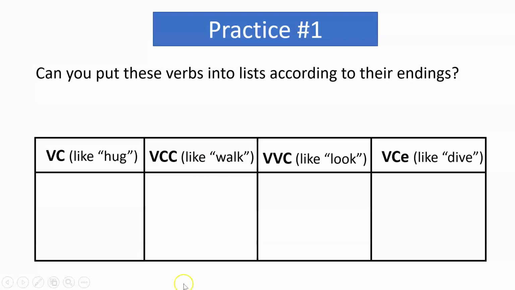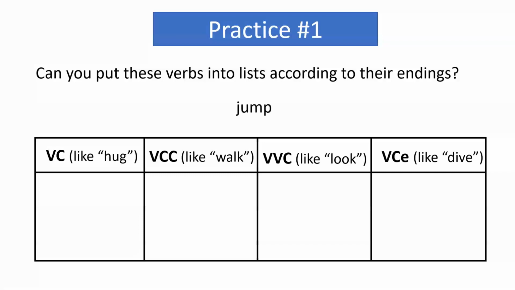I have these 4 different patterns of letters here, and I'm going to give you some example verbs, and I want you to put the verb into the correct category. And if you want, you can even stop the video, draw this table with the 4 lists on a piece of paper, and then write the words, as we talk about them, in the correct list.